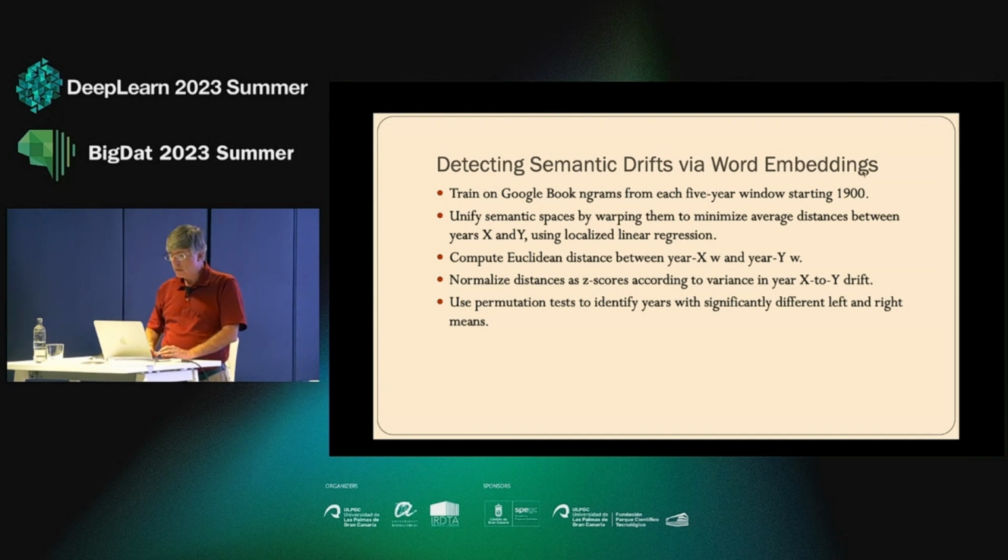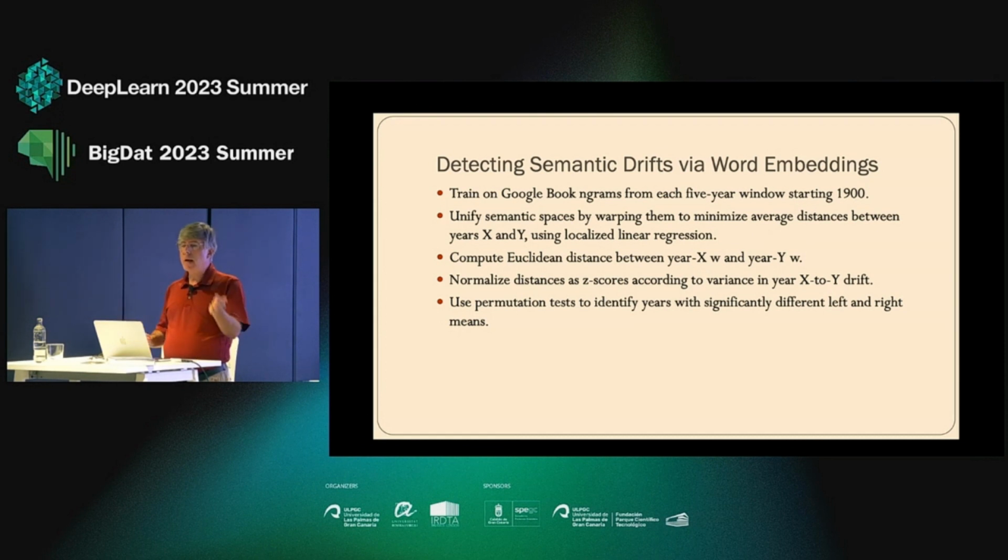By doing this, I could put all the different versions of words, for each year, into one space and then measure what is the distance between the embedding in 1900 of the word gay and the embedding in the year 2000.